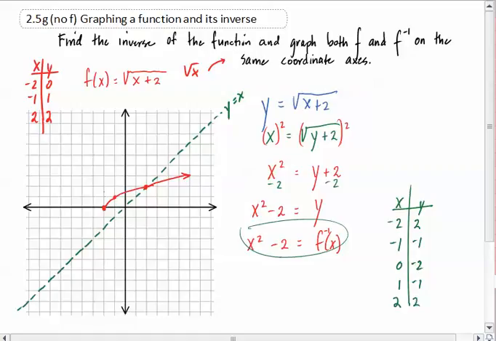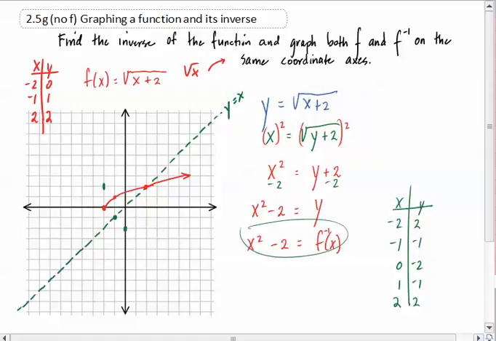Negative 2, 2. There's that. Negative 1, negative 1. Something's looking fishy here. Over 0, negative 2. Over 1, negative 1.